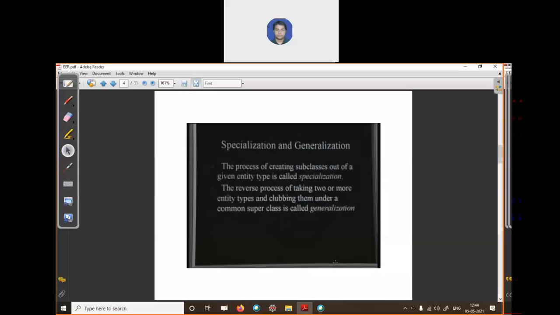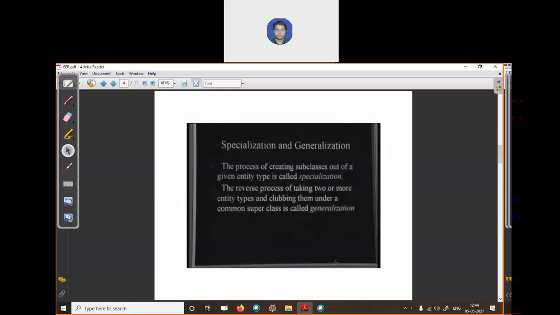Specialization and generalization. Specialization is the process of creating subclasses out of a given entity type. When we have one entity, and out of this one entity we create subclasses, it is called specialization.